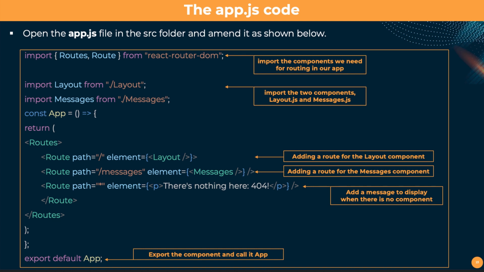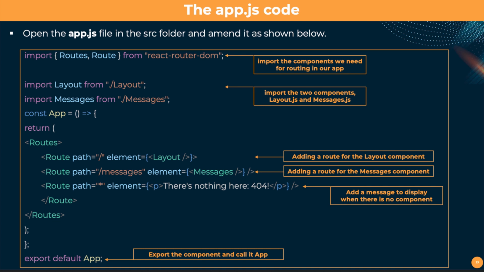And then inside the app, which we've got here, we want to have routes. And inside the routes, we want to have individual route. So we have a route, another route, another route. And the first route is saying that if the path that is in the address bar, the URL, is /, we want the layout component to display.